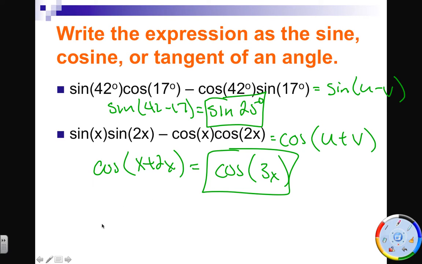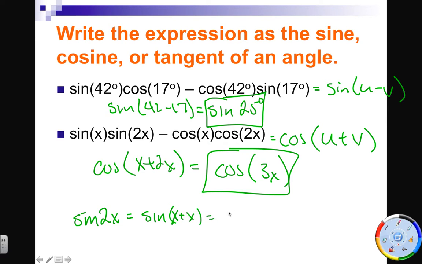But one of the useful areas for this is actually looking at the sine of 2x. And the sine of 2x could be written as the sine of x plus the sine of x. Or, sorry, my fault. No, that's not true. Sine of x plus x.